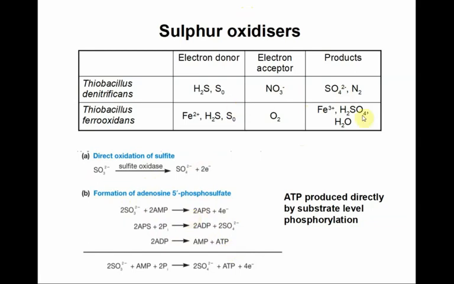Okay, you can see that sulfuric acid is one of the main reaction products here. So these bacteria are going to produce a lot of acid as their waste product. And this is a big problem in water runoff from old mine workings that have been mined for iron.